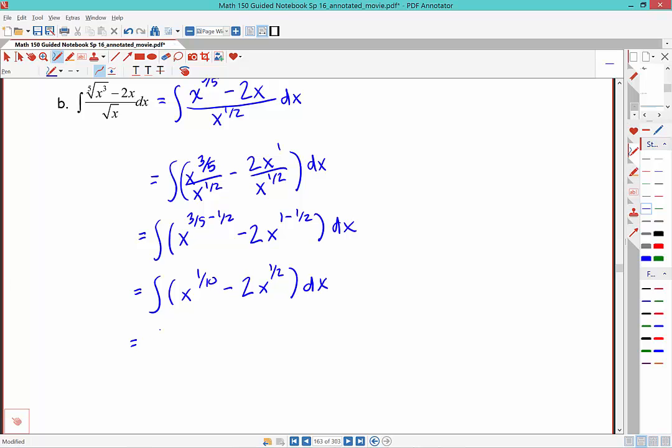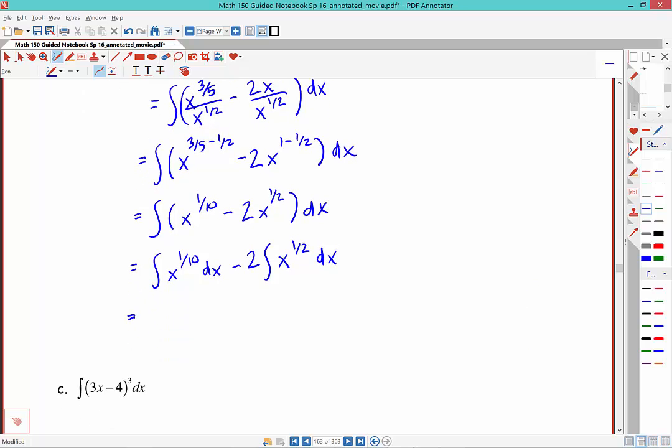So now if you want to split them, you can. So you'd have your x to the 1/10 dx. You don't have to split them if you don't want to. And then remember that we can factor out that 2, bring the 2 out of the antiderivative. And we'd have our x to the 1/2 dx. So then what would happen? We'd use our general power rule.